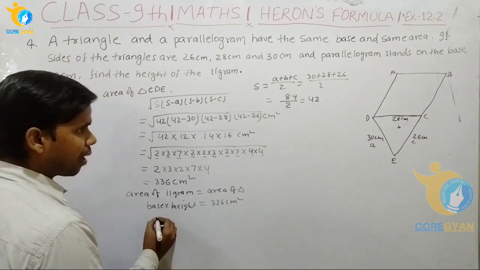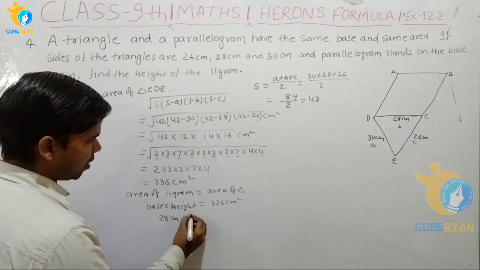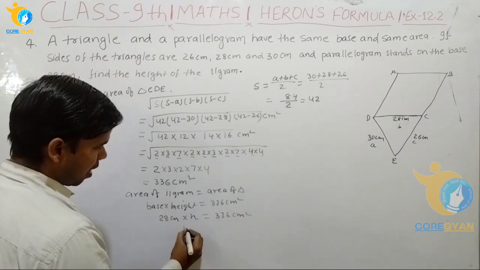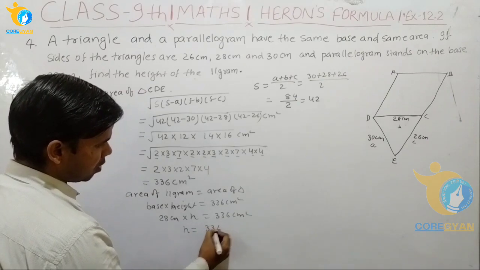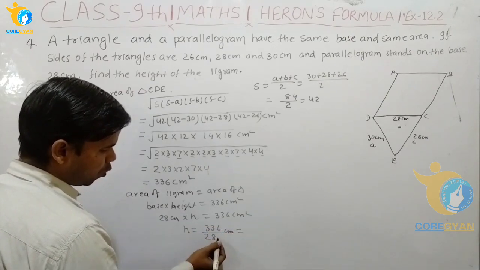The base is given, so 28 centimeter into height is equal to 336 centimeter square. Then height is 336 upon 28 centimeter.